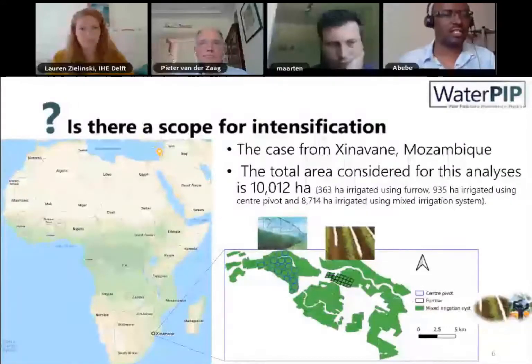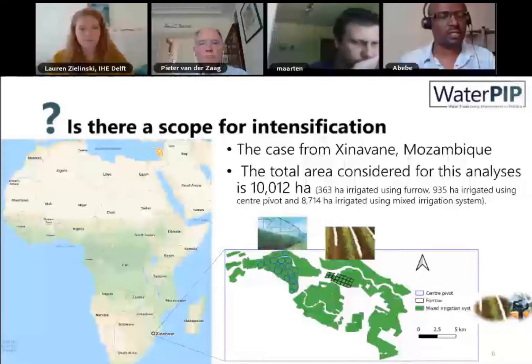But then the question is, is there a scope for intensification? So most of the next presentation up to the conclusion will focus on answering this, and also showing how we could analyze towards answering this intensification question.